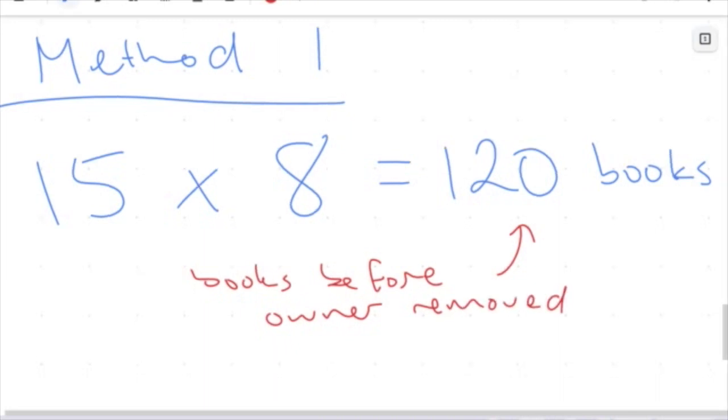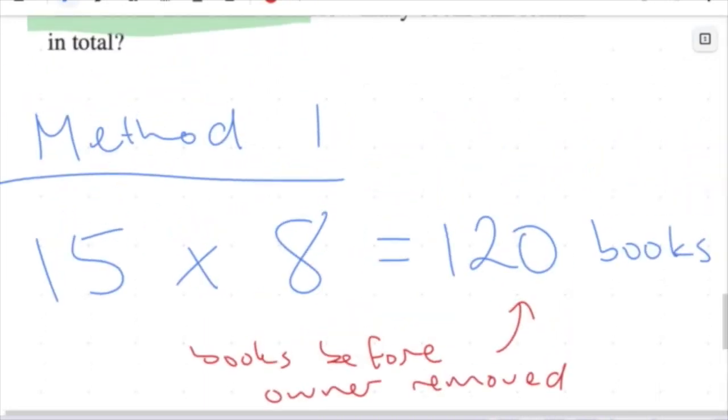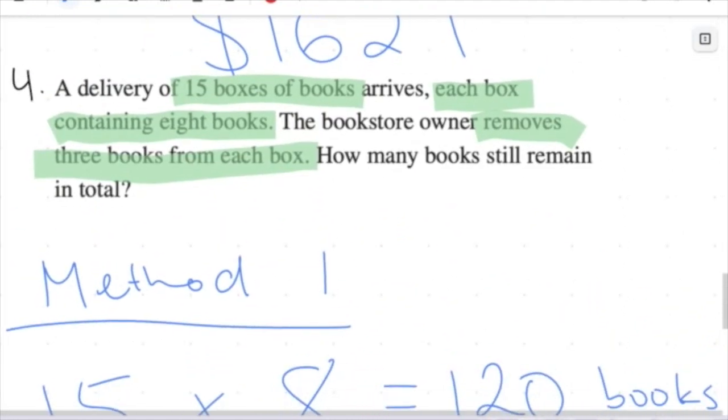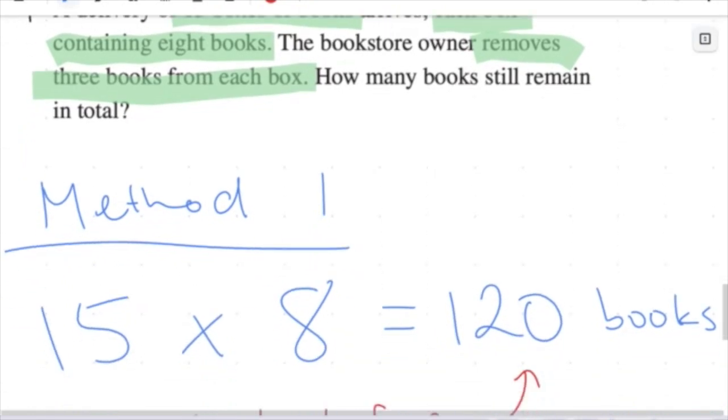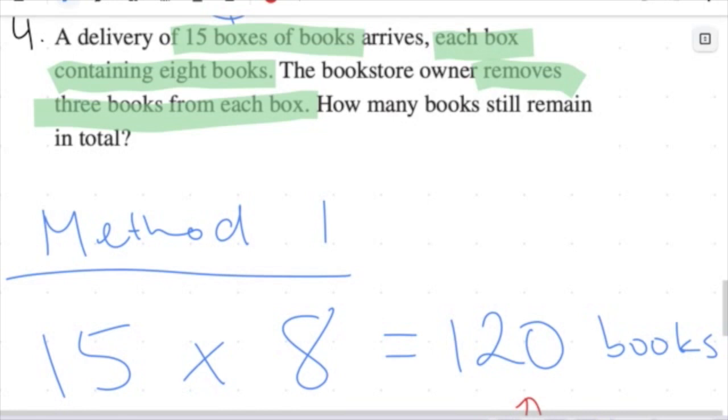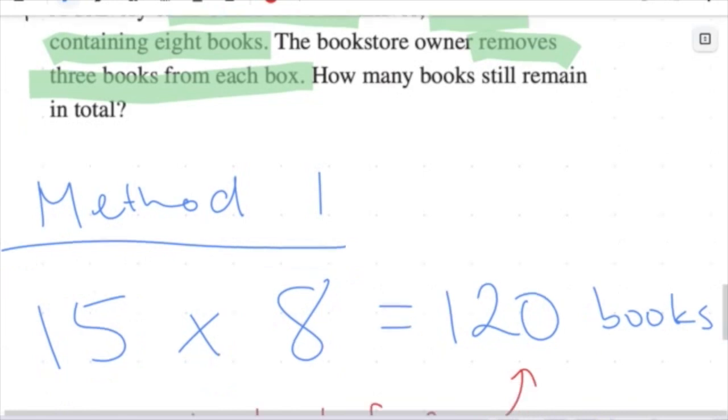those groups of 3. Now we want to find out exactly how many books were removed. Now we have 3 books being removed from each box. So we have 15 lots of 3 books, or 15 groups of 3 books.